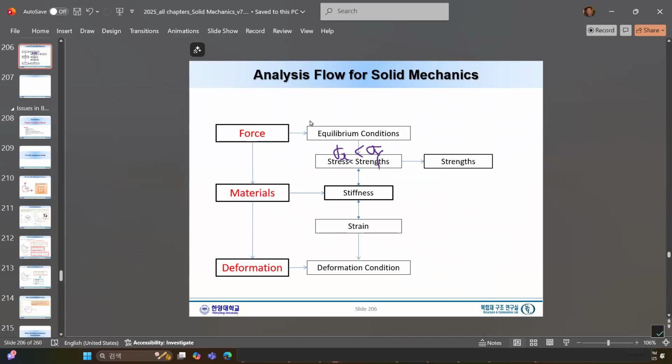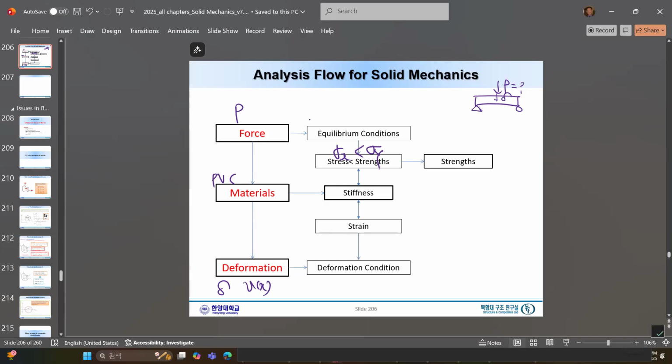This is the force. In our case, I'll redraw here. We have a certain condition here, and we have a P, and we'd like to know how much load P. See, here, the force will be P, of course. Material will be PVC, and deformation. Now here, deformation is the one we'd like to have. This is a delta. Well, delta or the deflection as a function of x would be more ideal.